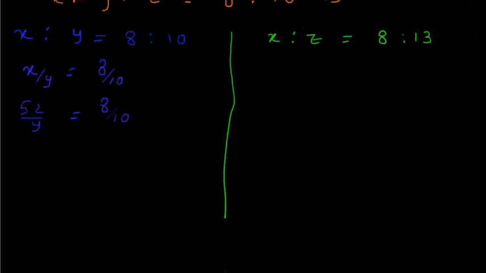By cross multiplication, which is the easiest way, 8y is equal to 52 multiplied by 10. So Y will be equal to 52 times 10 over 8.